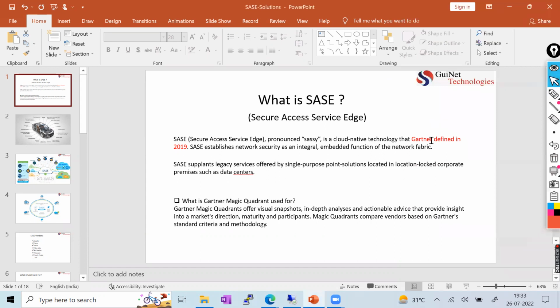All right, guys. Let's start our session without any further delay. So what is SASE? I'm not going to read the slide, whatever is written in the slides, because there is a lot of theory we just have to go through to understand SASE.